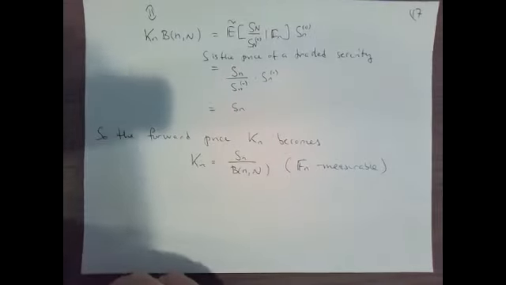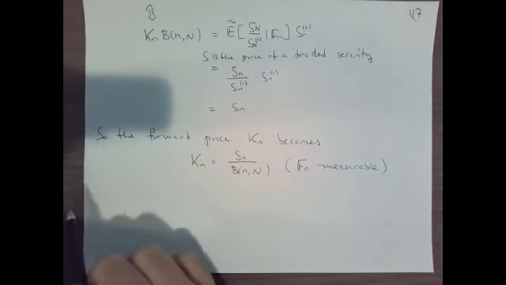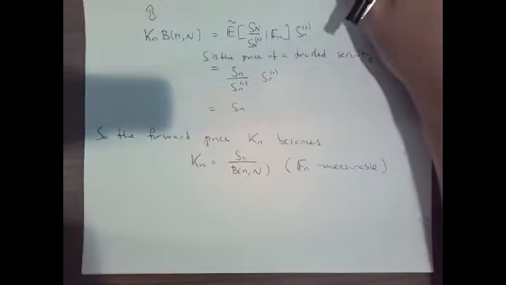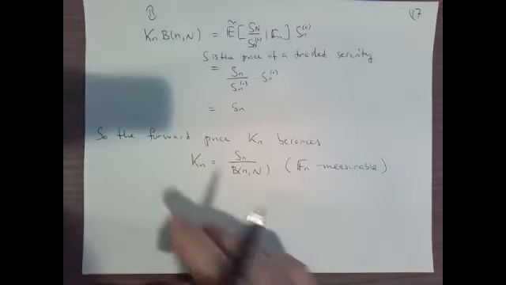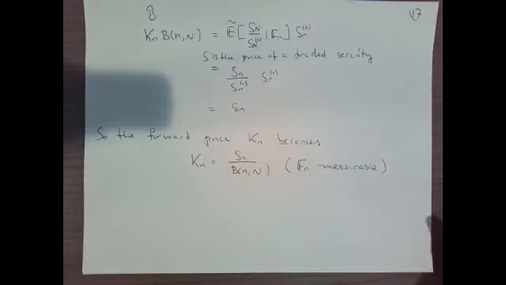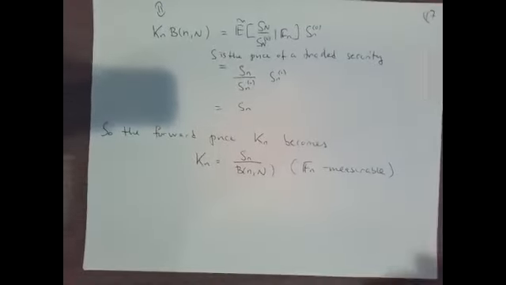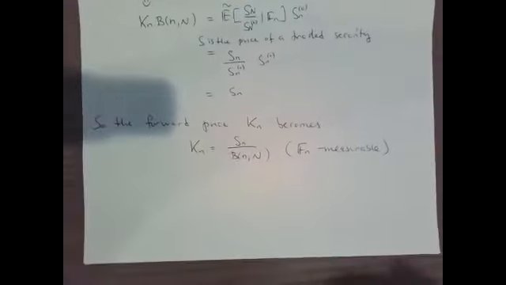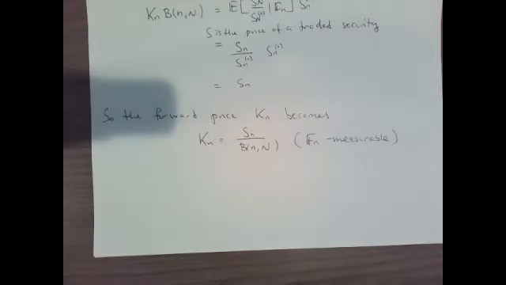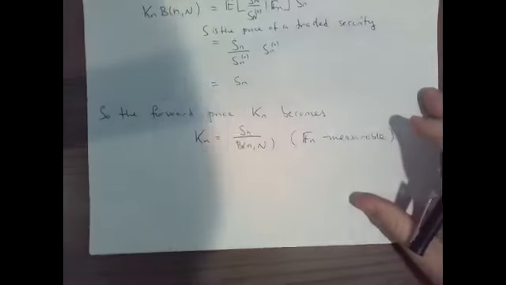Questions on this? Any questions on the case of a forward price when the underlying is traded? When should we write the F measurable condition?